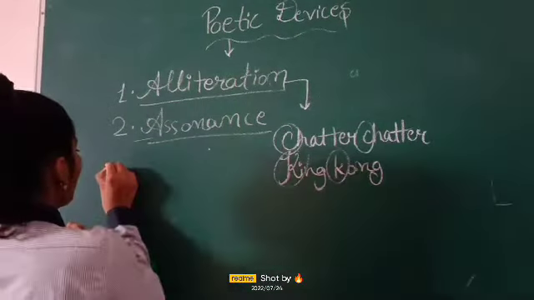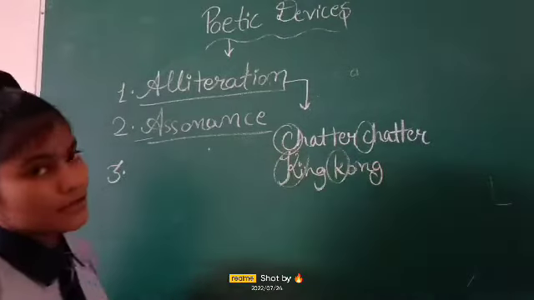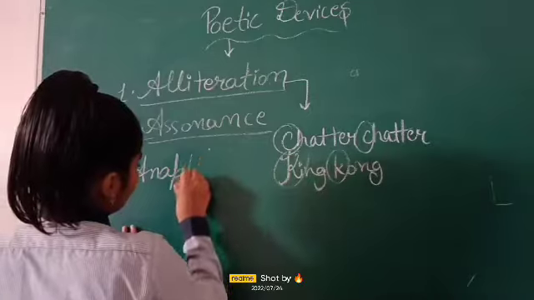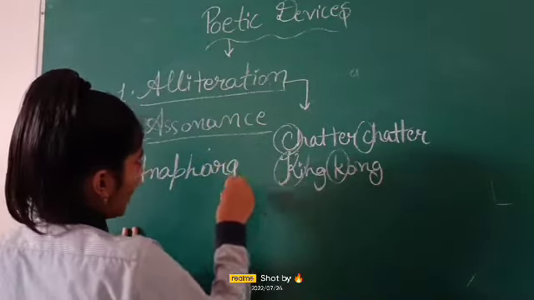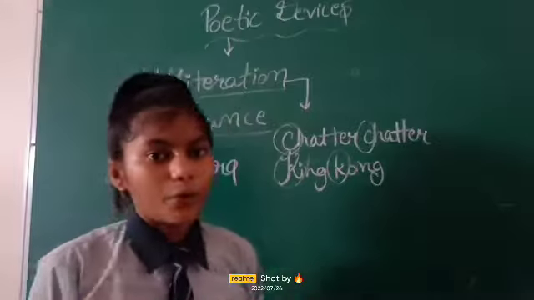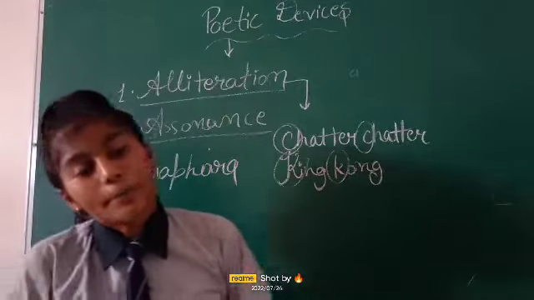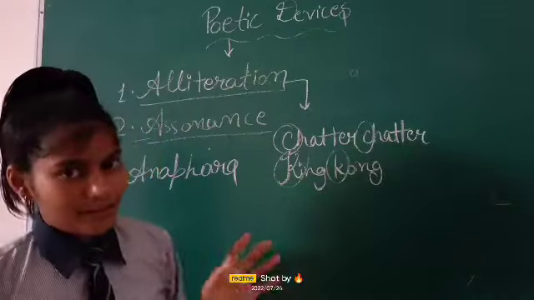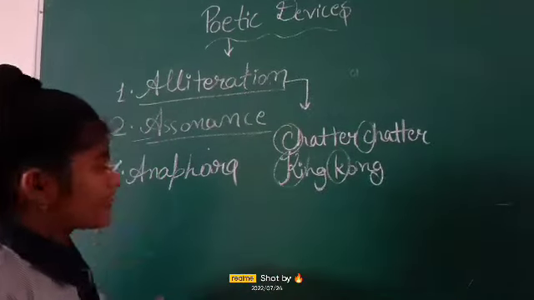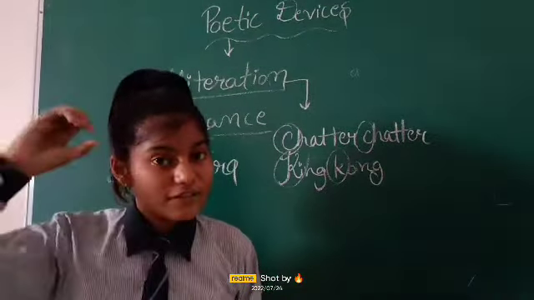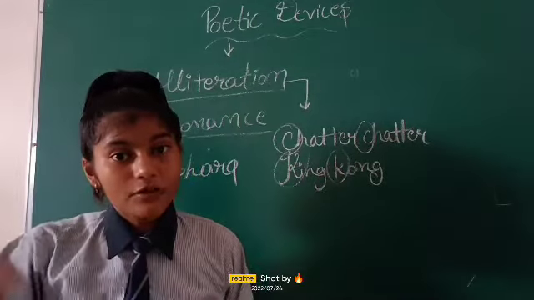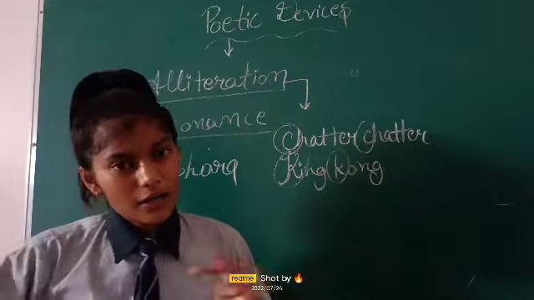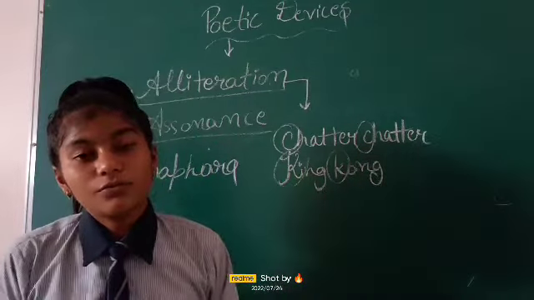Now one more, the third, that is anaphora. Anaphora is a poetic device in which repetition always takes place. Anaphora is when a single letter or single word is repeated at the starting of the poem and again throughout the poem more than 2 times.